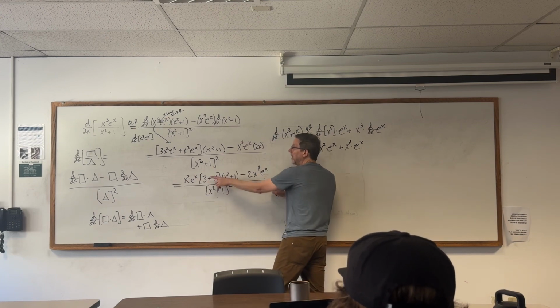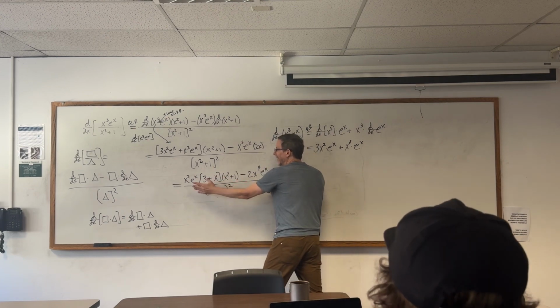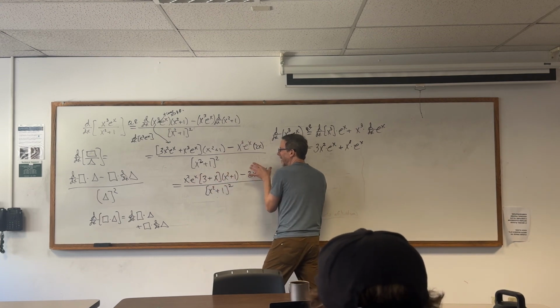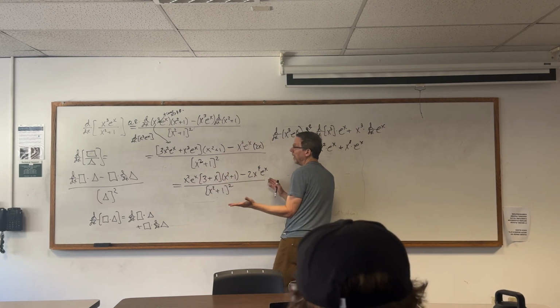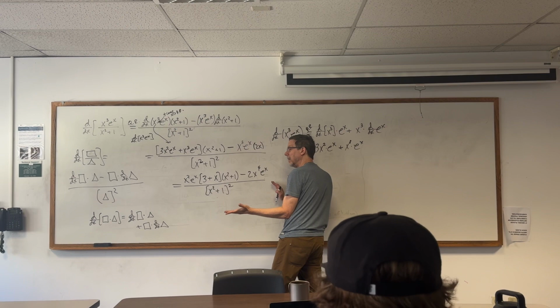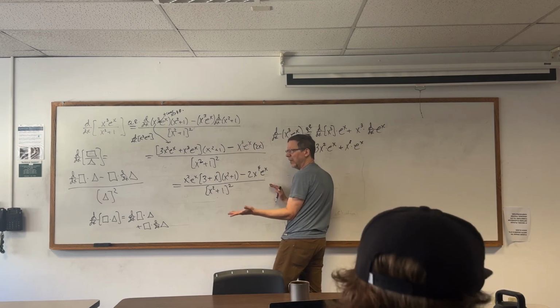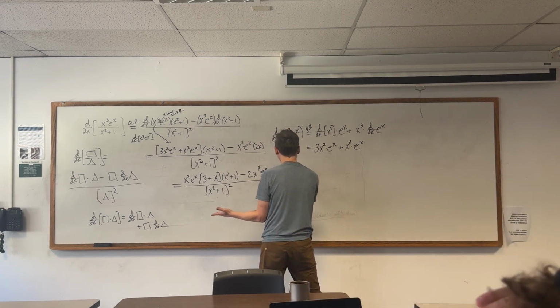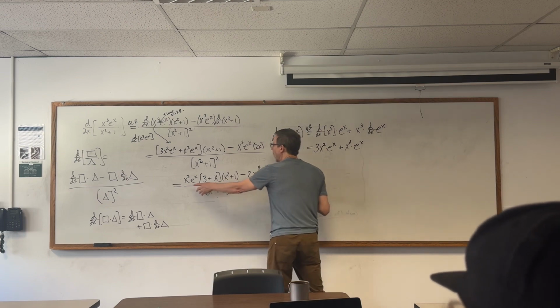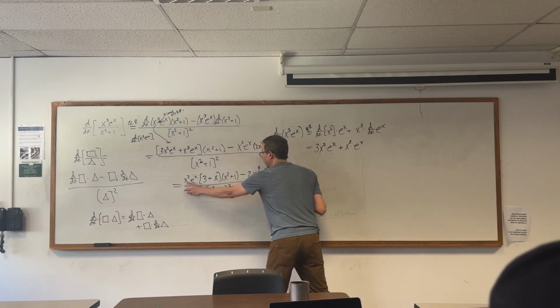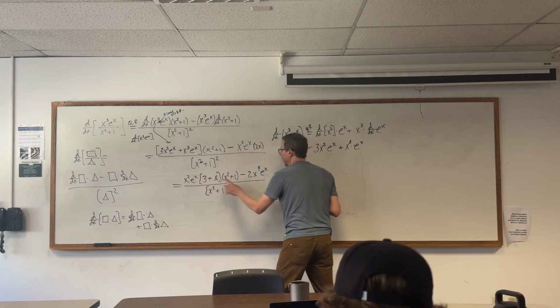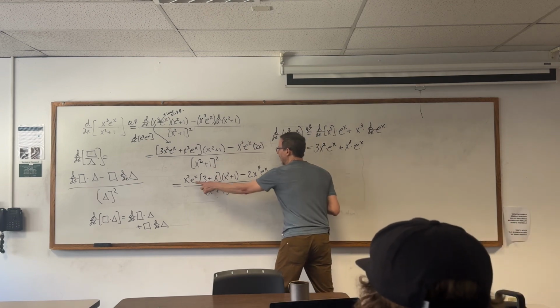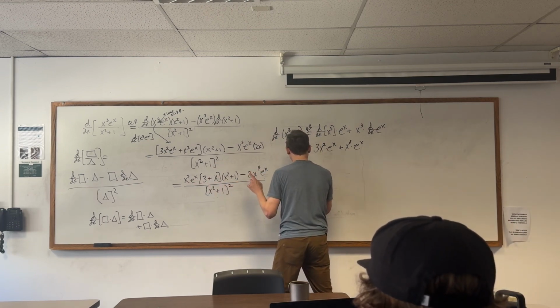Let's talk a minute, Louisa. So I got a product of stuff here, product of stuff here. What's one thing they both have in common? E to the x, definitely. So let's pull out e to the x. What's the highest power of x that I see in each of them? X squared, there you go. Jack stepped in.